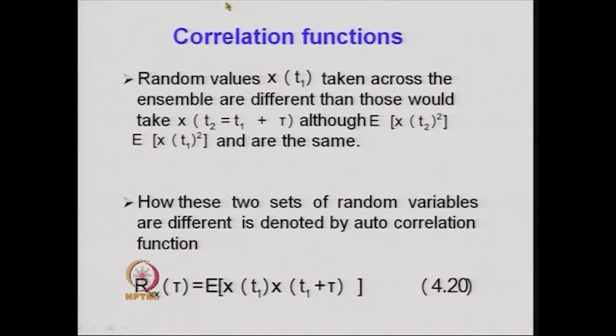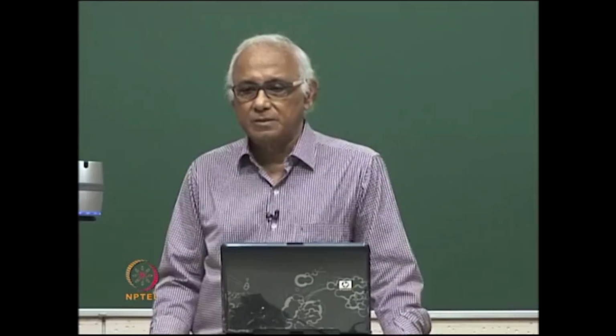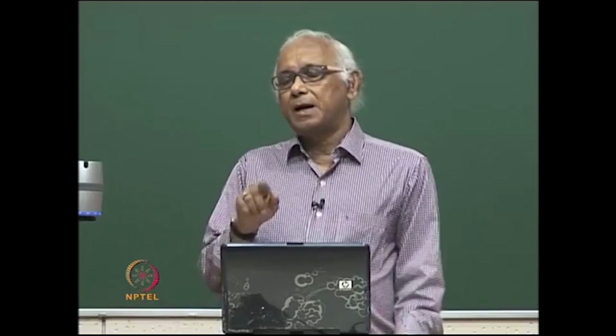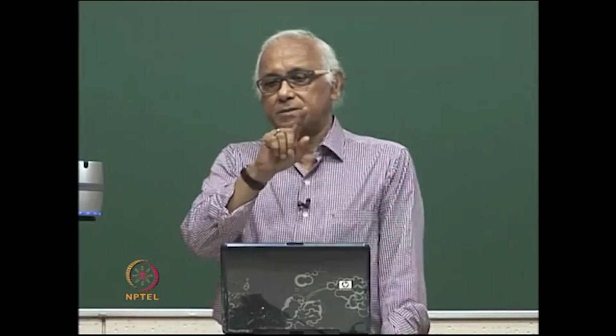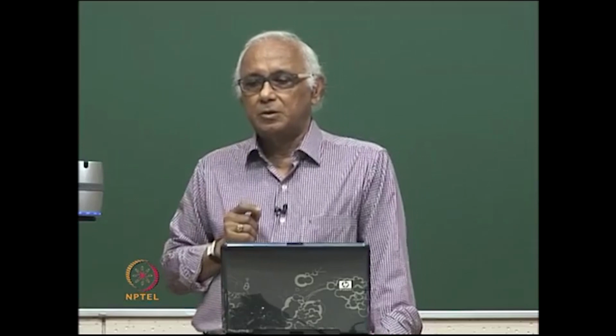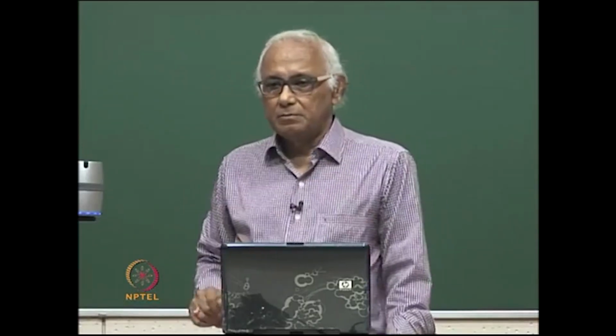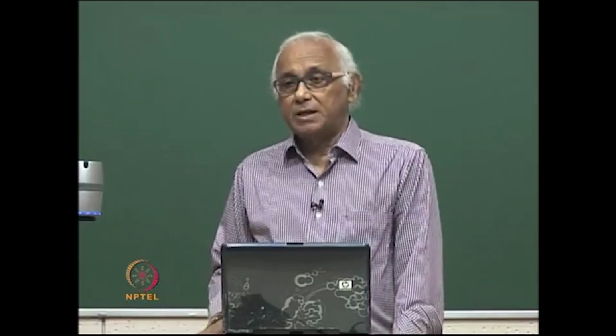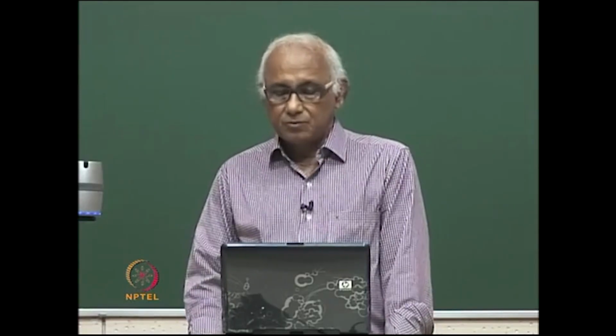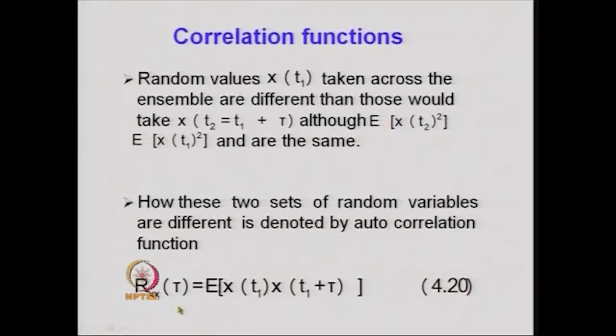So, in obtaining Rxx(tau), we take a particular time shift and describe two random variables in time, multiply the ordinates of these two random variables over the ensemble, and then take an average of that. That is what is called Rxx(tau), the autocorrelation function, and it depends upon the value of tau.